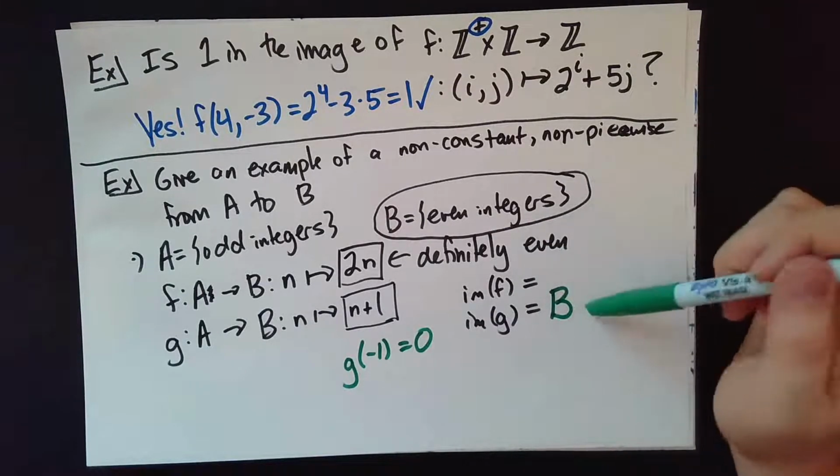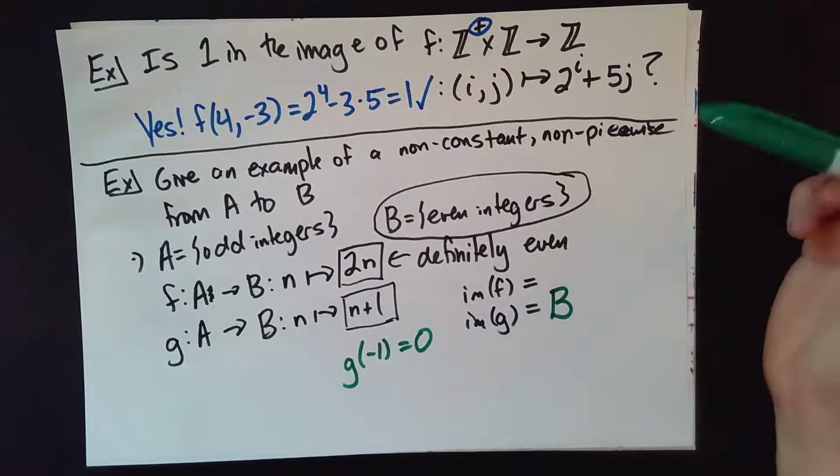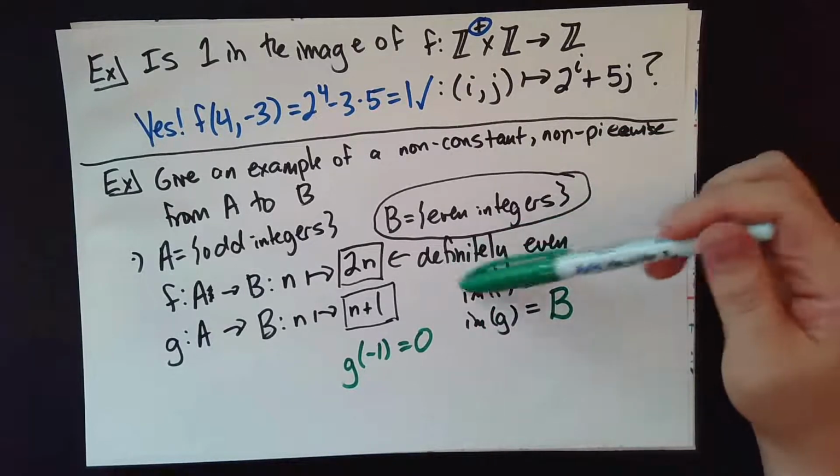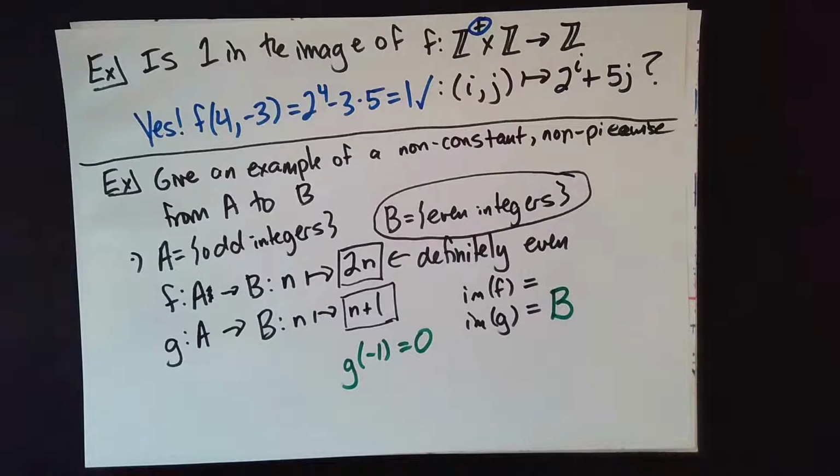The image of f definitely isn't b. Can anyone think of a nice way to describe the image of f? I'm not looking for a formal proof.